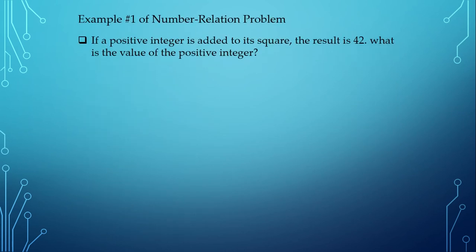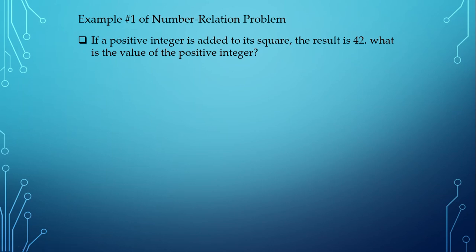Sample number 1 of number relation problem. If a positive integer is added to its square, the result is 42. What is the value of the positive integer? So, how do we translate this mathematical word problem into symbols? If a positive integer is added, how do we represent a positive integer?